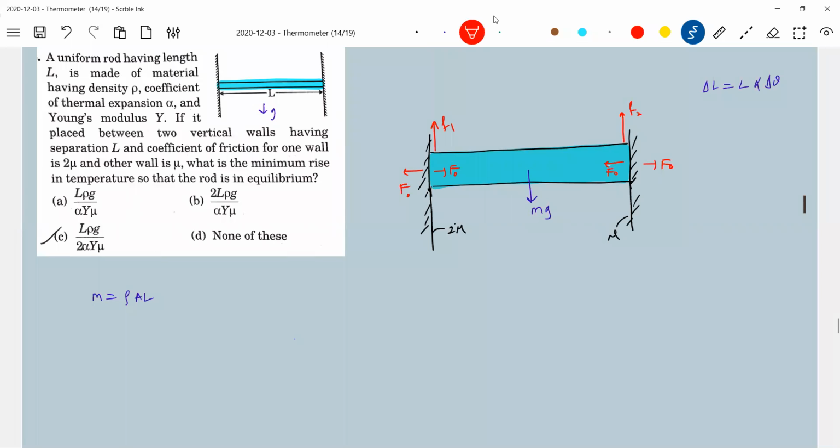Who will provide that normal contact? The F naught only. Now tell me, if F2 is equal to mu F naught, what about F1? F1 will be static.